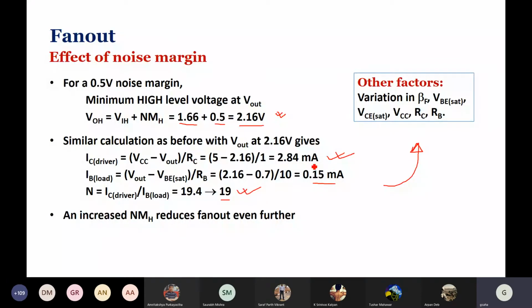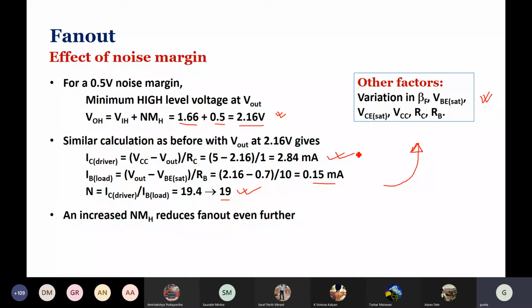What are they? This beta forward we have considered 50, but once the manufacturer gives it to you, it is not certain that it is 50; it can lie within the range 20 to 100. So for a conservative design philosophy, you will pick the beta which gives the lowest fan out number.